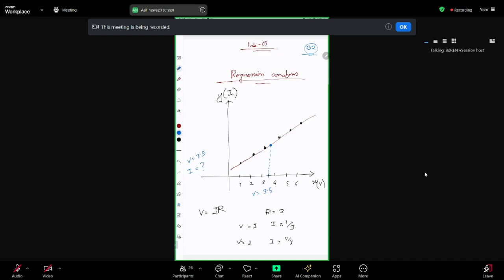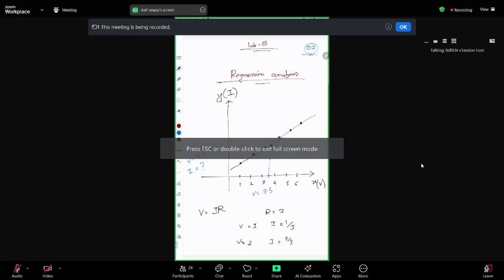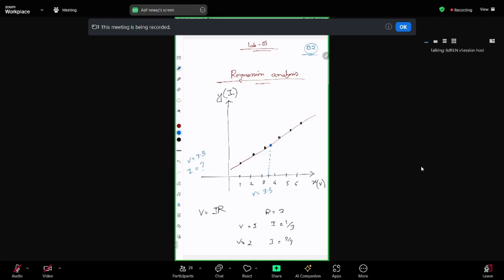So 3.5 was not originally one of the data points that we have, but since we have the straight line, we can easily get other values as well. So for 3.5, I can get this value. This is the point, so this is the value of I. Or if I want to find something like 0.5, I can also get the value from this data point.